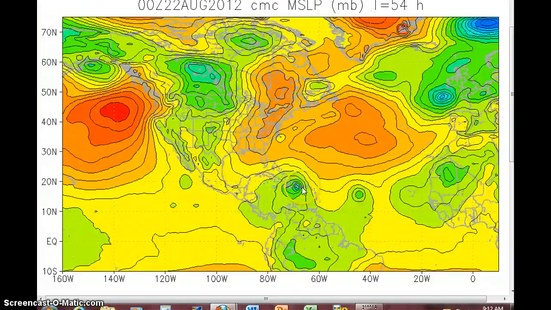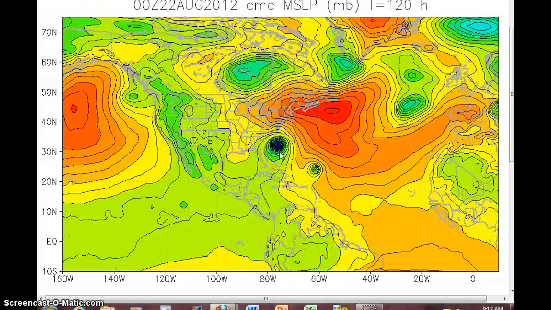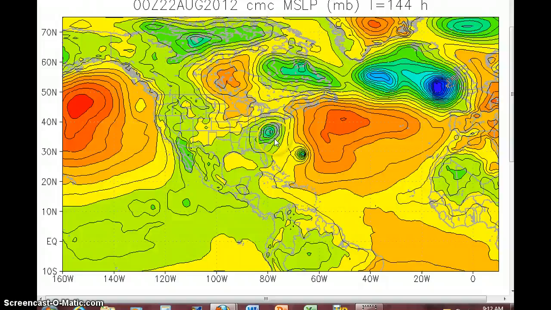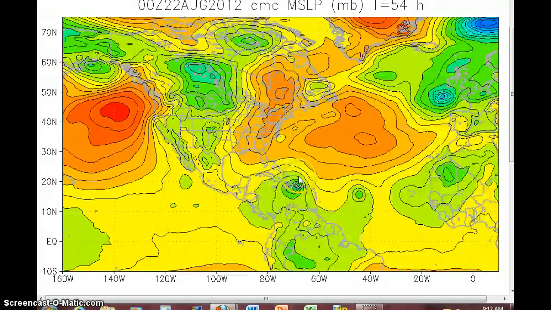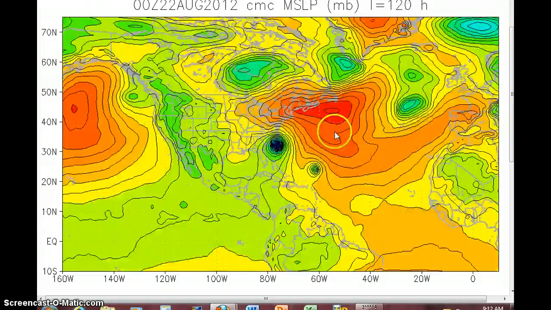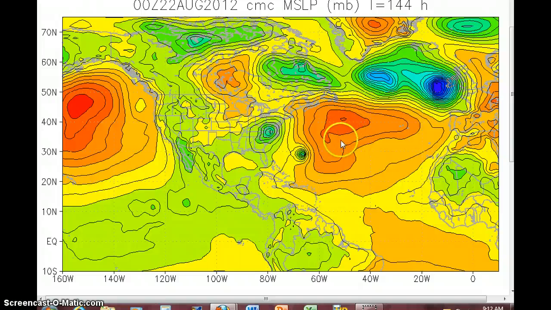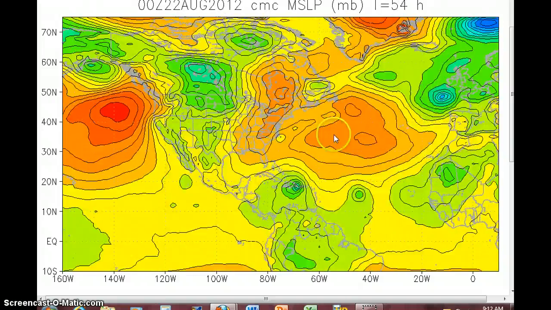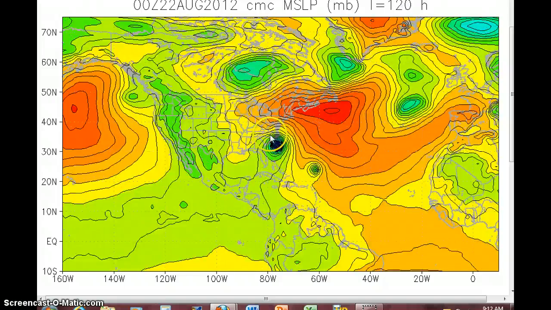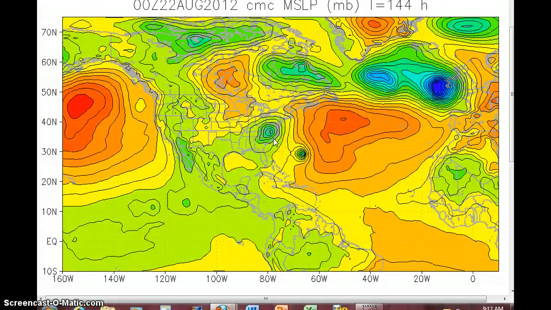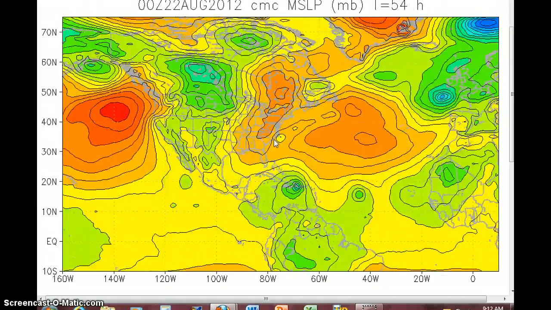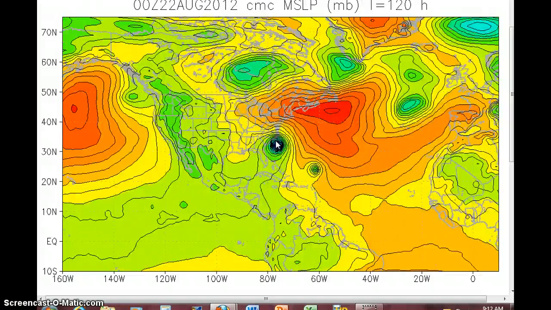But you can see it comes across Hispaniola, up across the Bahamas, and this would cause the Outer Banks and North Carolina to be in ground zero. As you can see, the ridge of high pressure is much further to the east out here, steering the hurricane Isaac toward the North Carolina coast. This would be a huge problem if this were to verify for North Carolina.